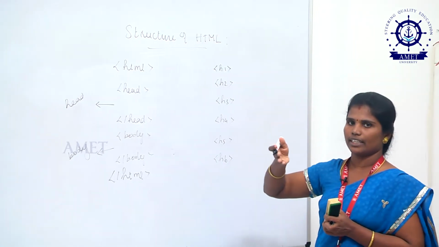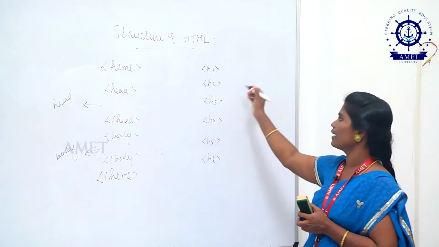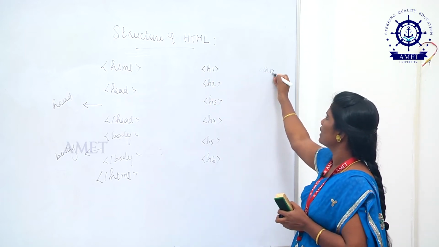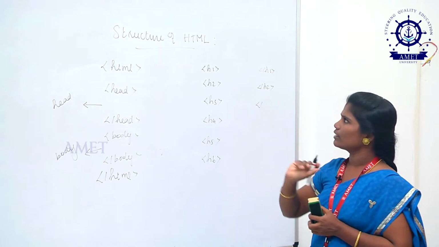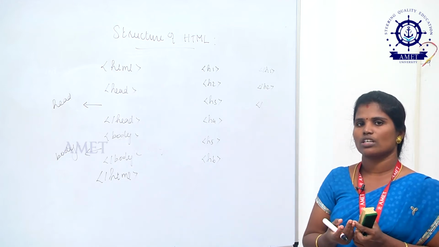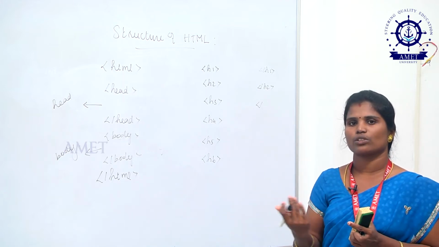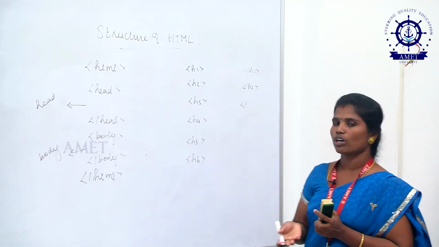All are embedded tags, which means you must close the tag. So close all the heading tags. See, one thing, HTML is not case sensitive, which means you can use either uppercase or lowercase or both cases. That is possible because it is not case sensitive.